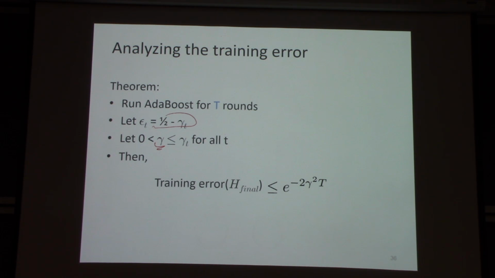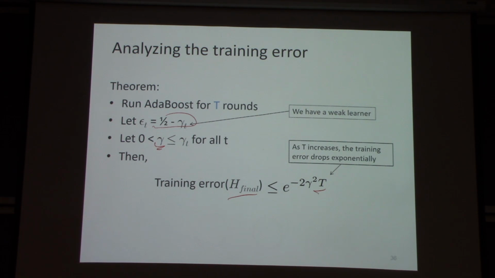Then, if you run AdaBoost for t rounds, the training error of the final classifier that you construct as a linear combination of your weak classifiers is less than e to the power minus 2 gamma squared t. The important thing here is e to the power minus t, which means as you run AdaBoost longer, the training error exponentially decreases.